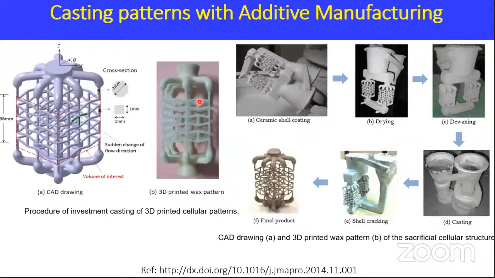When we want to do investment casting, we need a wax pattern, and if you have very intricate details and shapes which we need to cast as an end product, people are trying to make use of the 3D printed wax pattern and then eventually use it in the casting technique to finally get the final product out like this. So this is in a way an example of indirect AM technology.